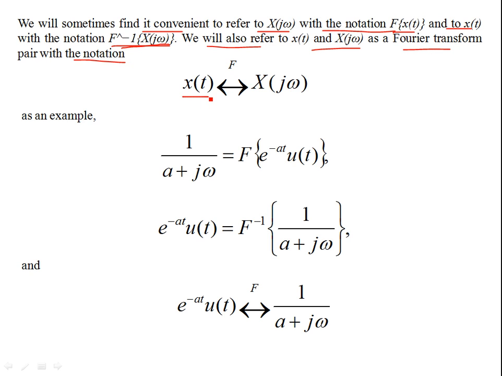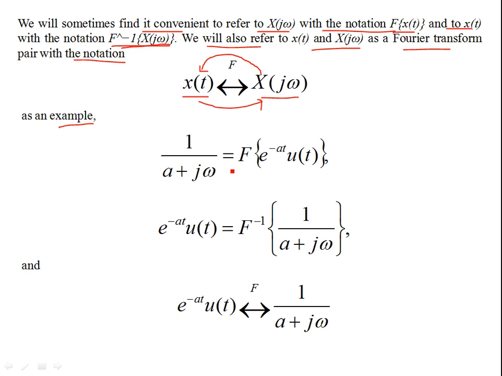That is, x(t) is paired with X(jω) through the Fourier relationships. X(jω) is the Fourier representation of x(t), and the inverse Fourier transform is x(t). Basically, it means there's a one-to-one mapping between x(t) and X(jω), and this mapping is unique. If you go in the forward direction, you can take the inverse transform and show that the reverse is indeed x(t). There could not be any other signal other than x(t). So this is a unique, one-to-one representation of the Fourier transform pair.